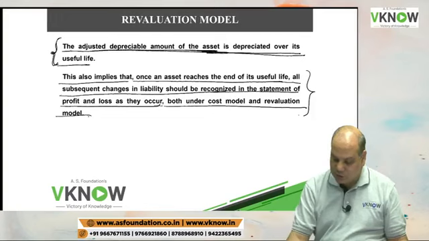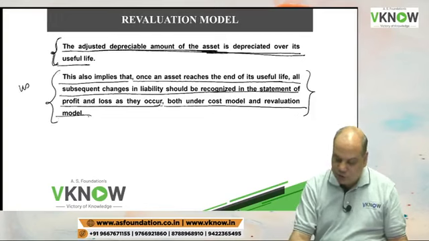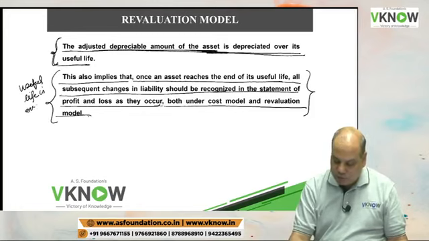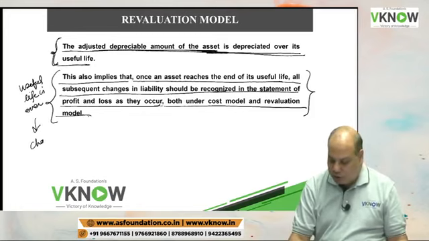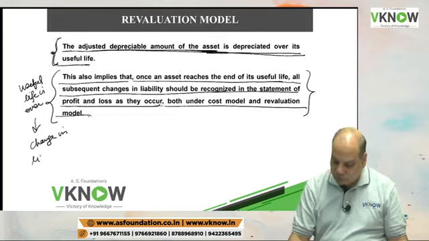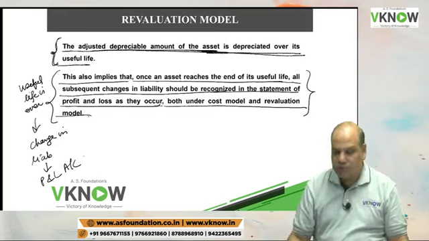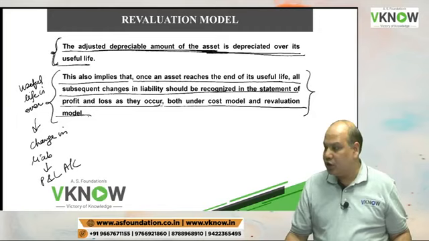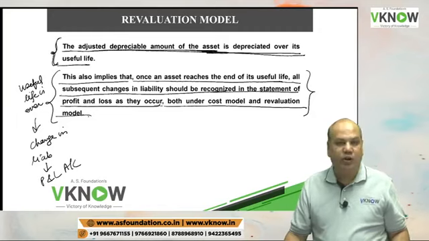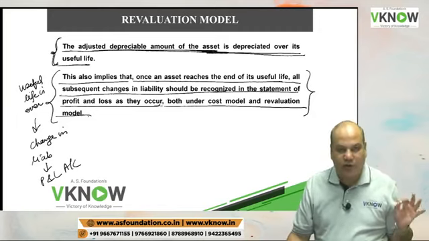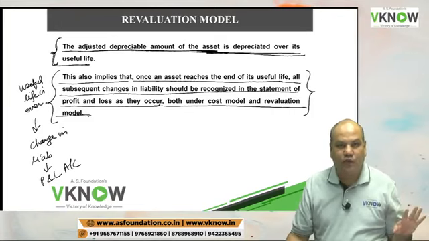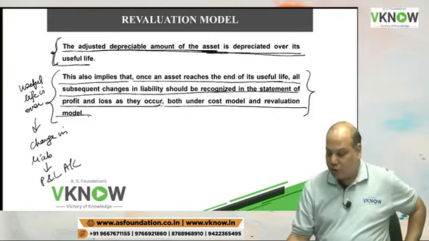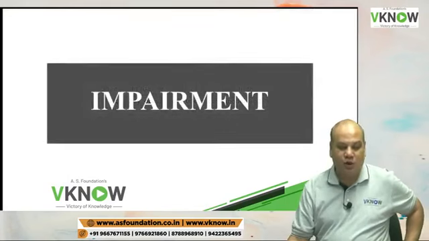This simply means once the useful life of an asset is over, the change in decommissioning liability will be recognized in the P&L account, because as far as the asset is concerned, its useful life is over. So you need to simply transfer the difference to the P&L account.